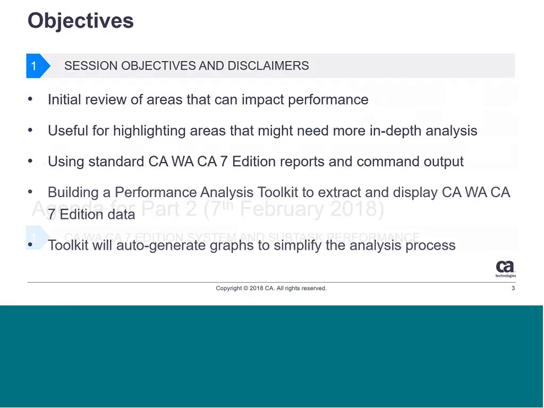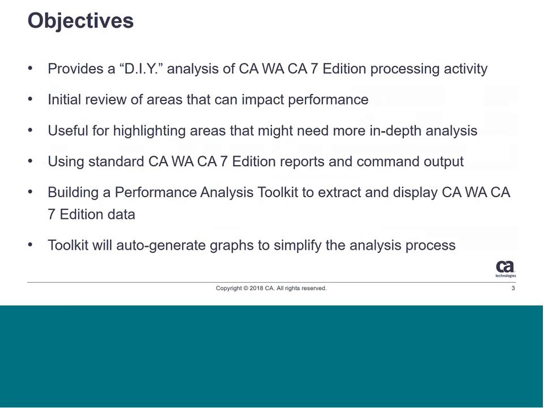But first of all, what am I trying to achieve with this? Well, one of the things that we often are asked to do is have a look or do service work on customer sites to look at how CA 7 is performing.